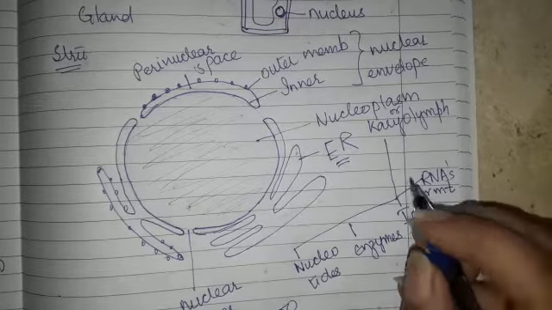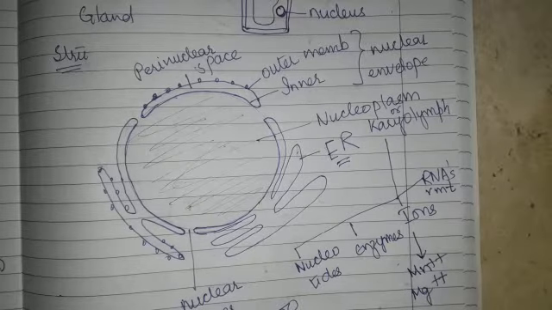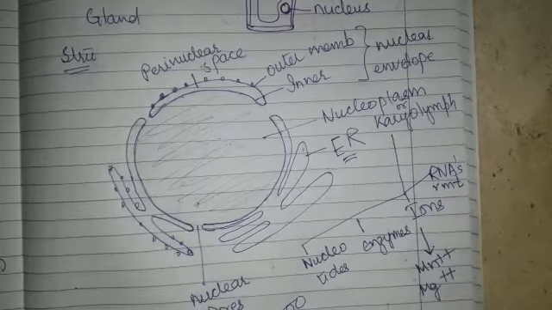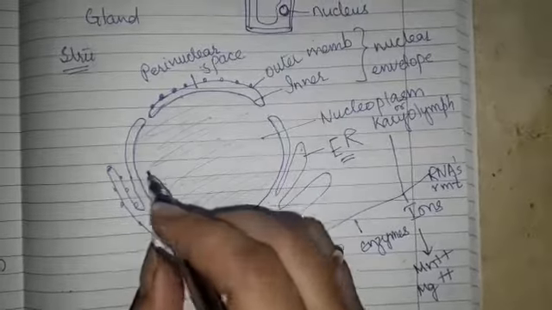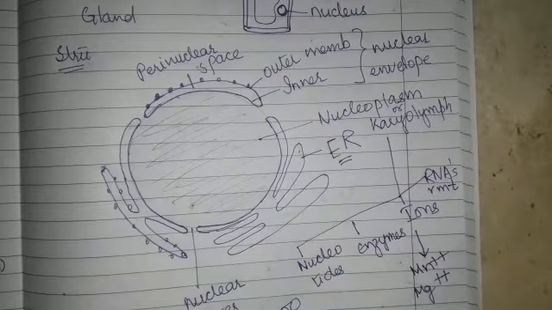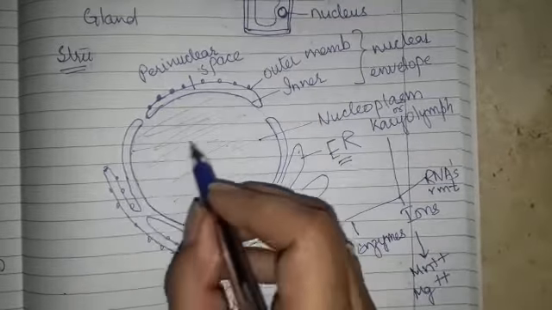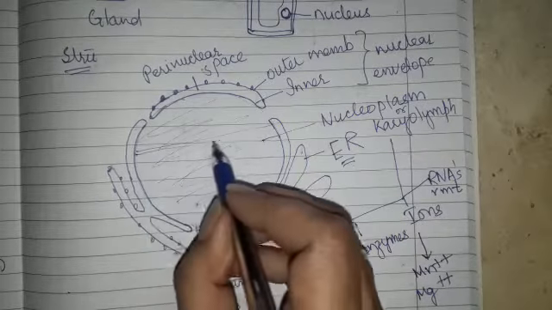Then the third part of the nucleus is nuclear matrix. Nuclear matrix is a network of protein containing fibers.